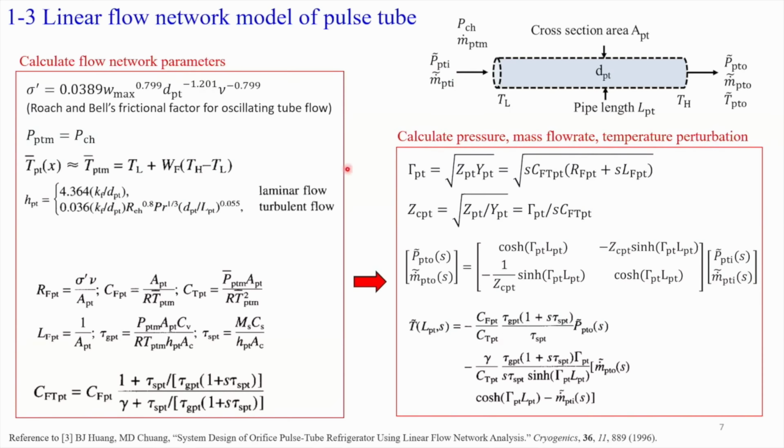And we reorganize the fluid properties into components like resistance, inductance, and capacitance in electric circuits. To make a long story short, with this network model, we are able to calculate the parameters we need for the circuit analysis based on the given input condition. And eventually, we can solve the output oscillation of pressure, mass flow rate, and also temperature.